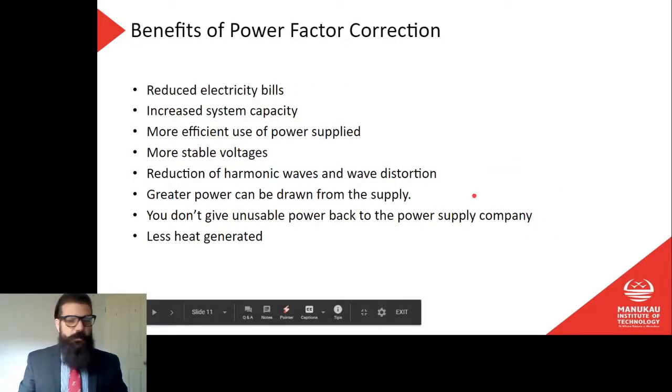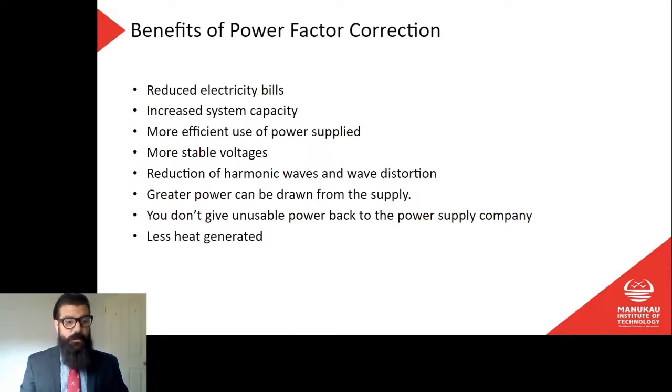So the benefits of power factor correction then: reduce electricity bills, increase system capacity. So if I have a system that can operate at 10 amps, or let's say 100 amps, and I give myself a better power factor, then I can still use that 100 amp capacity of my system, but I can use more of it. So I can add more things into my system, greater capacity.